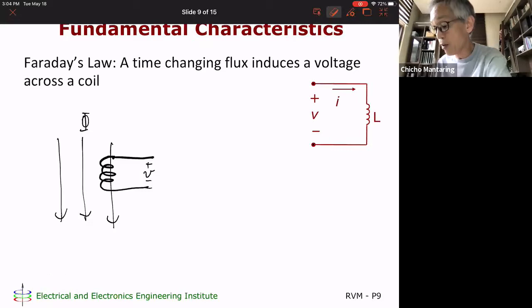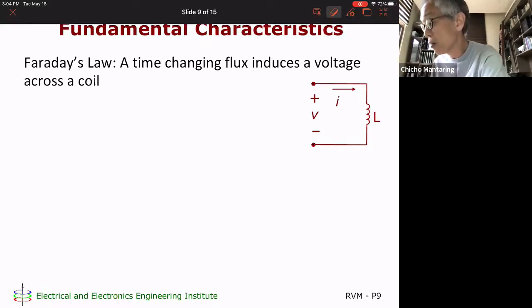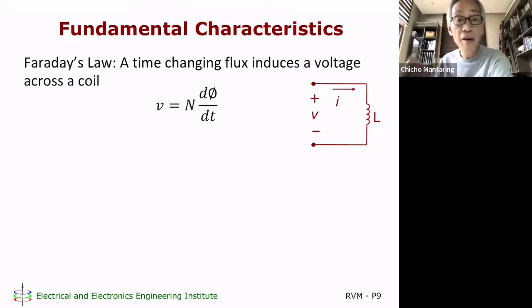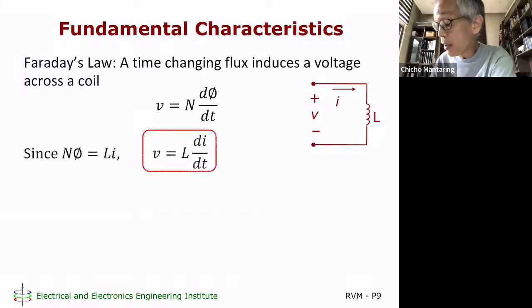Let me erase this now. V is equal to the number of turns of the coil multiplied by the rate of change of the flux, d phi by dt. This is actually an expression of Faraday's law. N is the number of turns of the coil. But remember that N phi is equal to L i.